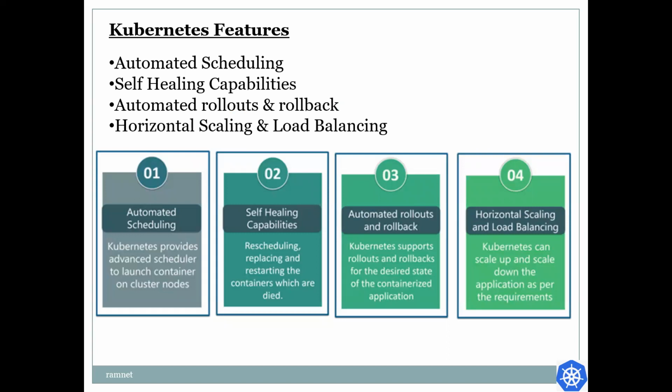Kubernetes features: automatic scheduling, self-healing capabilities, automated rollbacks and rollouts, horizontal scaling and load balancing. Automated scheduling, this is the first one. Kubernetes provides an advanced scheduler to launch containers on cluster nodes. Self-healing capabilities: rescheduling, replacing, restarting the containers which died or are about to die.